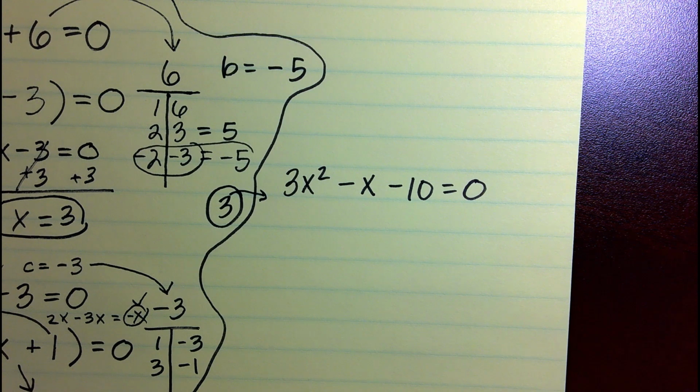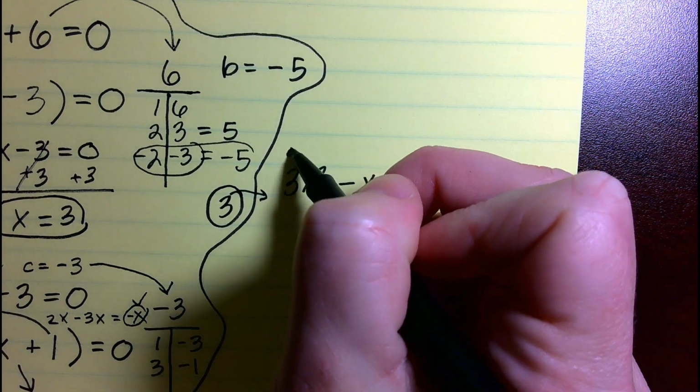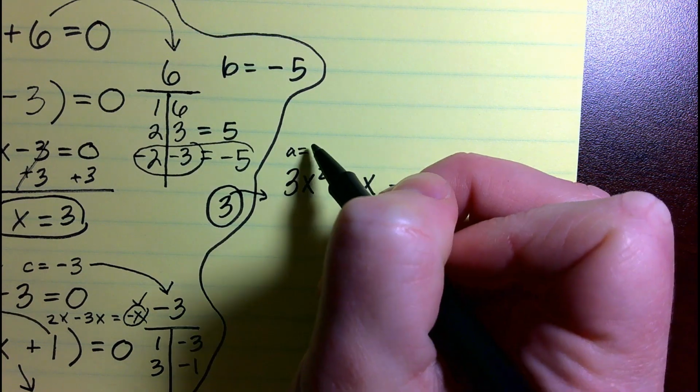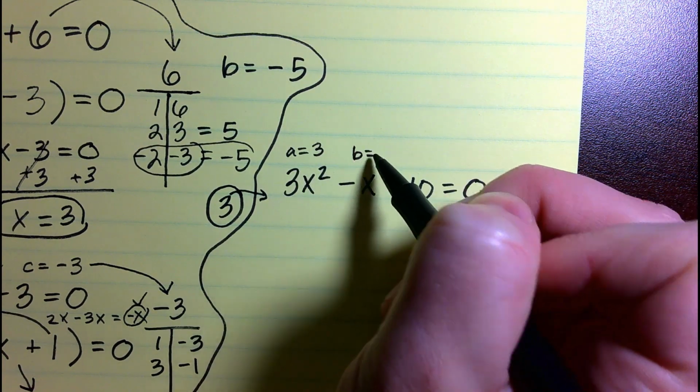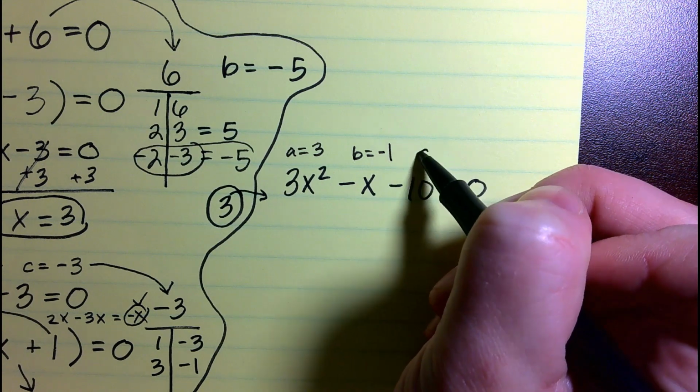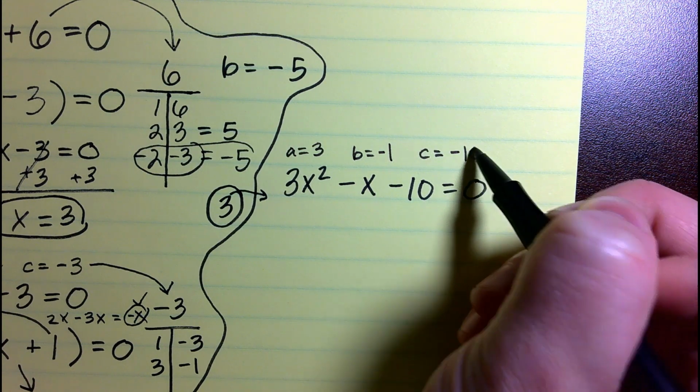What's going on here? Let's letter them: A, B, and C. A is 3, B is -1, good, and C is -10. Perfect.